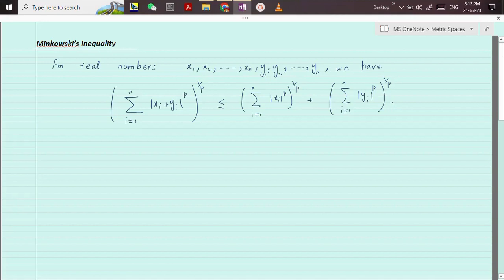This is the Minkowski's inequality for finite sum. Finite sum means the summation is from i from 1 to n instead of i from 1 to infinity.